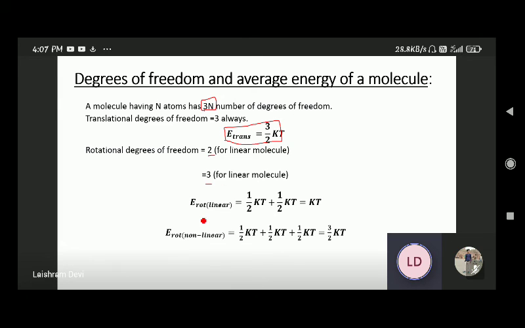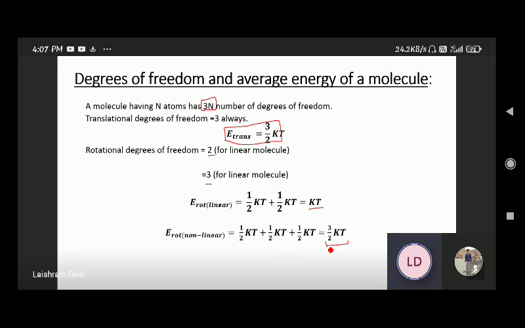For E rotational, if linear then kT contribution will be there, and if non-linear there will be 3/2 kT contribution. So our task is to find out how much will be the contribution from the vibrational energy. Is it clear to you all?